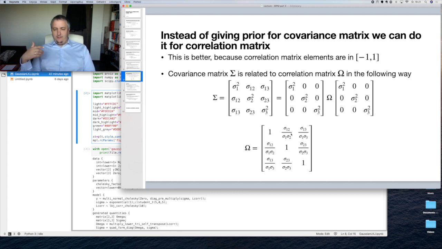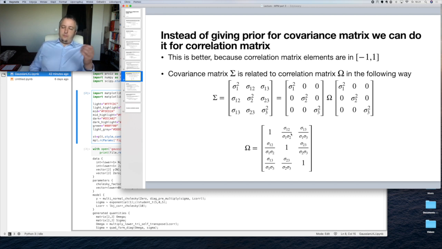And this is very convenient, because it takes values from -1 to 1. So we have a standardized correlation. So either it's a linear positive relationship or linear negative relationship, or something between.